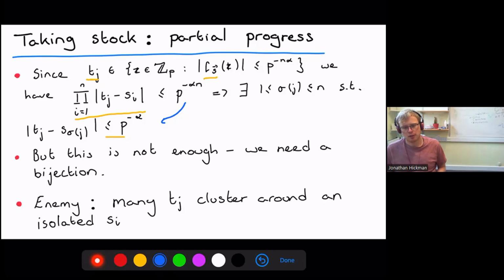So of course, one enemy could be if many of the t_j cluster around an isolated s_i. So many t_j are just close to a single s_i, and then we wouldn't have a bijection. So we have to rule out this enemy case, which means that we have to show that the two families of roots are similarly distributed, they're spread around in a similar way.